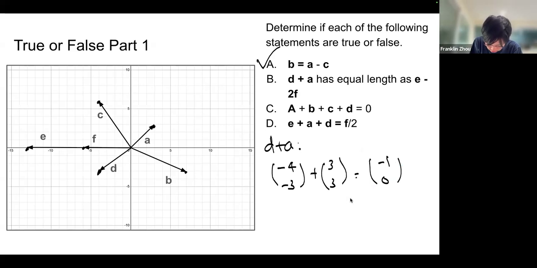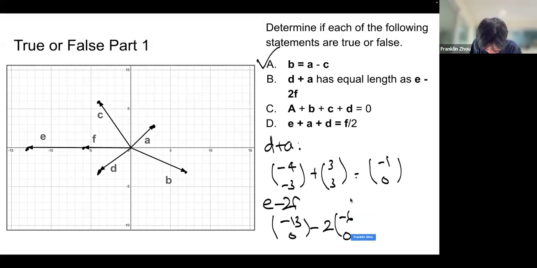And the other one, e minus 2f. Yeah, so we can see that these vectors are actually identical, which means that they're definitely equal length since they're basically the same vector. So B is also true.